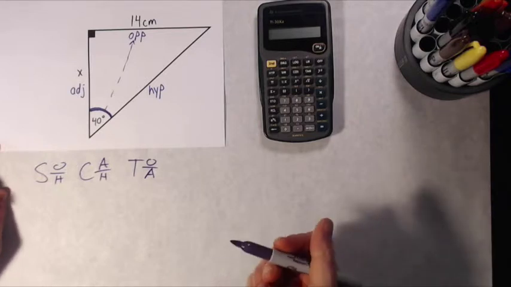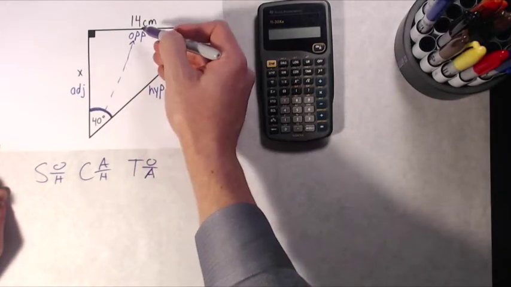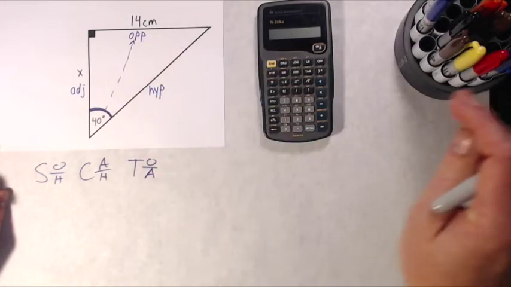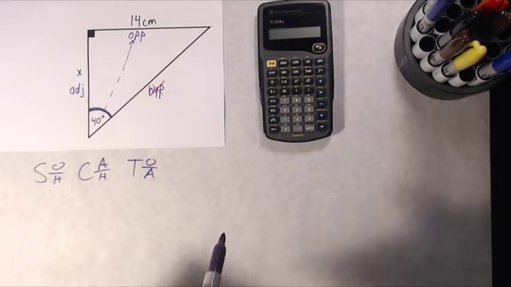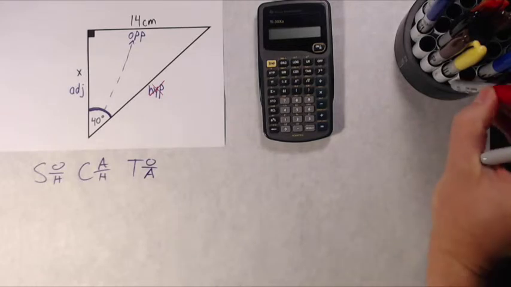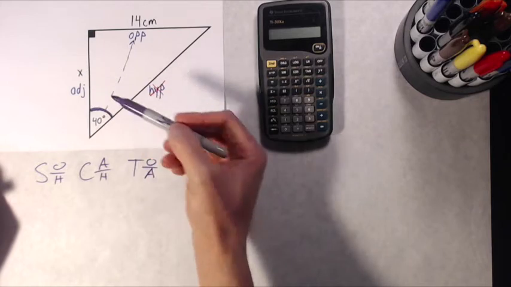Now in this one, the side that I'm looking for is adjacent. What's given to me in the question is opposite. That means that my hypotenuse in this question is not going to be used. So I need to find the formula that uses opposite and adjacent to help me solve for the missing value.